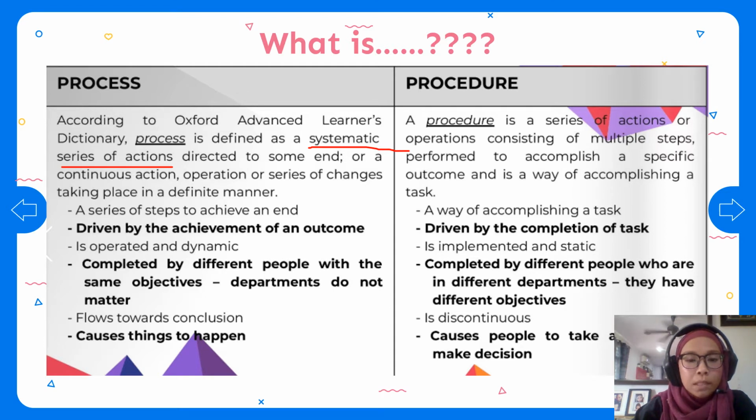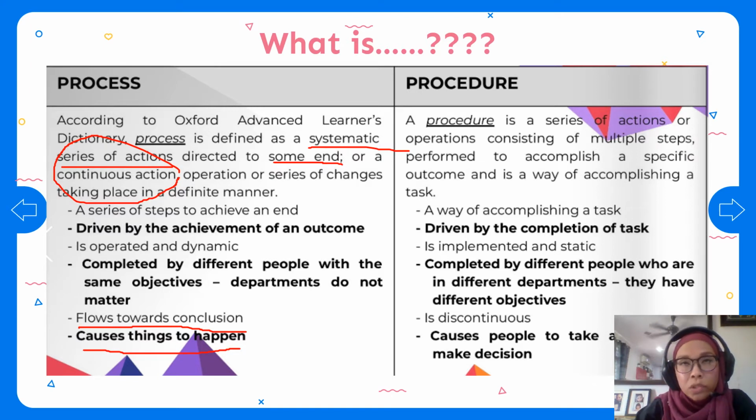There will be some end, and it is usually a continuous action. The flow will usually bring you to a conclusion. That means you will have a product or a service. It causes things to happen.